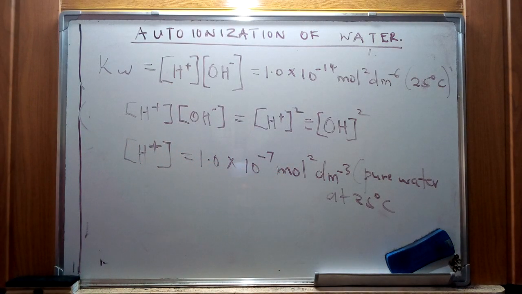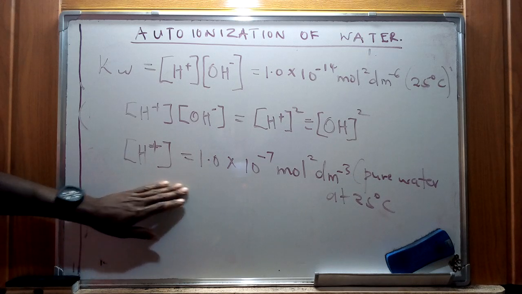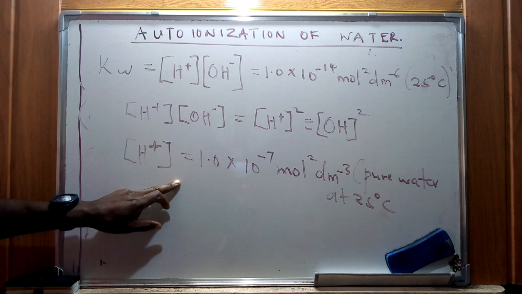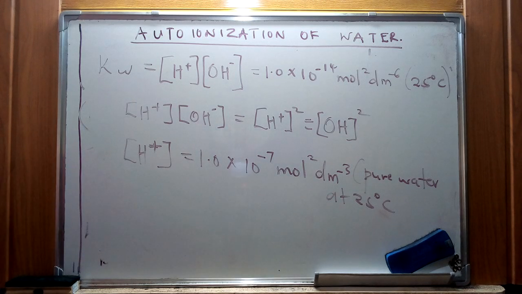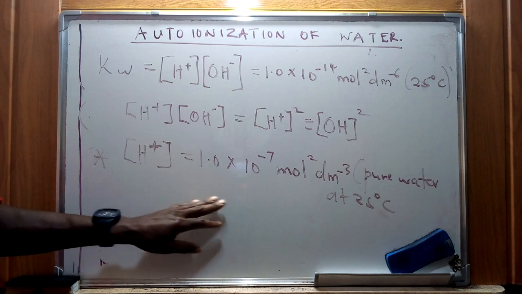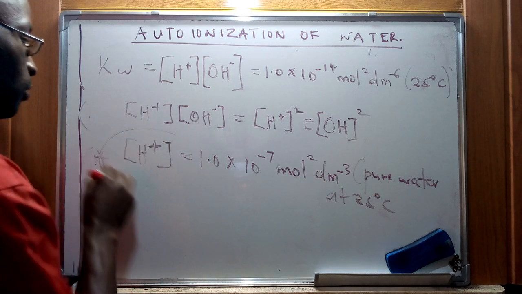From this case, we get a clue on how we are going to refer to this specific scale: a solution whose hydrogen ion concentration is greater than that of pure water is going to be referred to as an acid, whereas a solution whose concentration of OH is smaller than that of pure water is going to be referred to as basic.